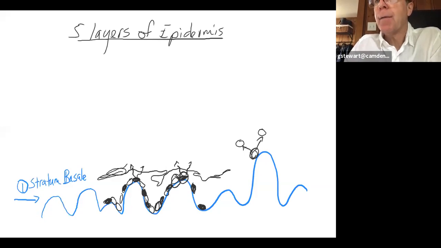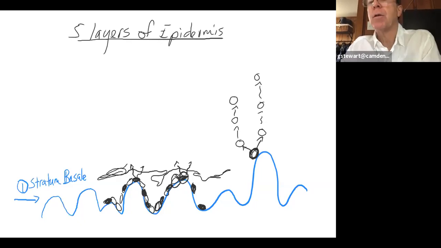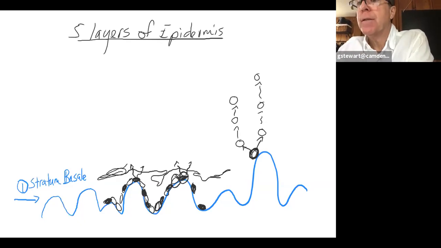As this stem cell, it's just a cell manufacturing plant, cranks out new cells, the older cells just keep rising to the surface through the layers of the epidermis. As they rise to the surface, they die. They cease to have living capabilities. So in general, this basal stem cell makes new cells, that's its job.